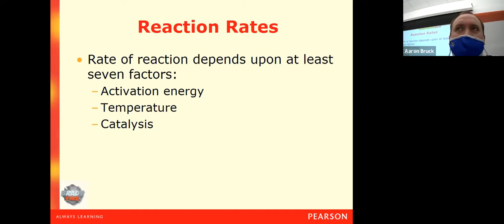Activation energy. All reactions have activation energy. That is the amount of energy that is necessary to kickstart the reaction. For example, we know that the material on a match is flammable. But a match doesn't light on its own until we strike it.